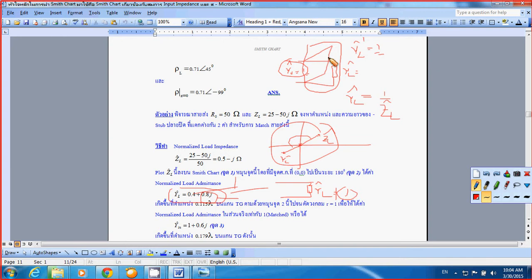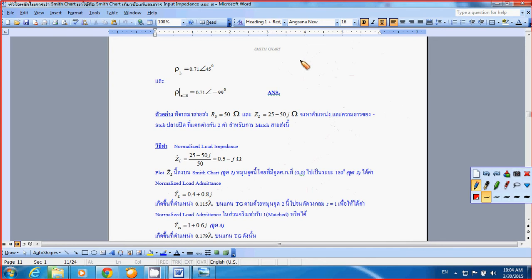Okay. So let's take a look at this again. When you look at the Smith chart here, you have your YL at this point here, and you take a look at the transmission line here.